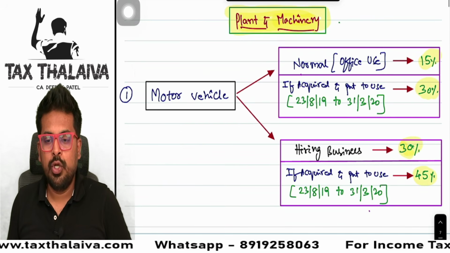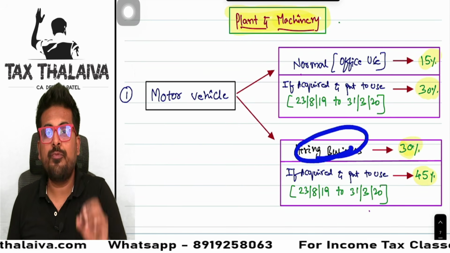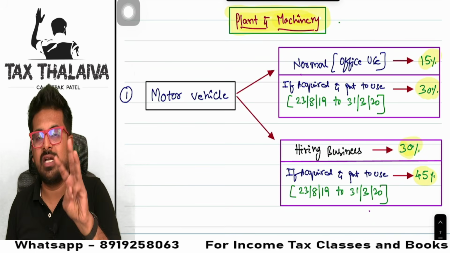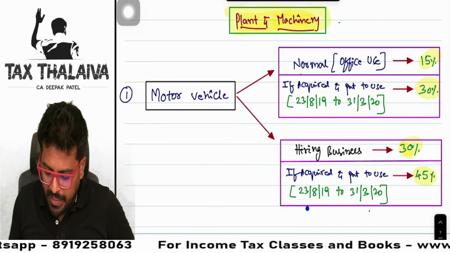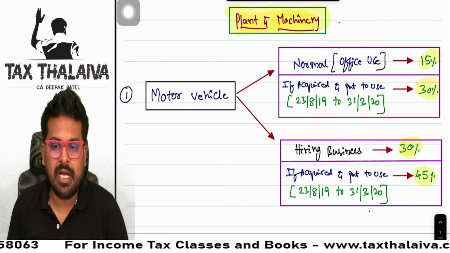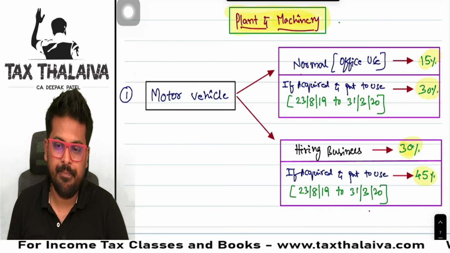If you are into the hiring business of motor vehicles, then you will get extra depreciation, which is 30%. And if you had acquired during this duration, then the rate of depreciation you can claim is 45%.